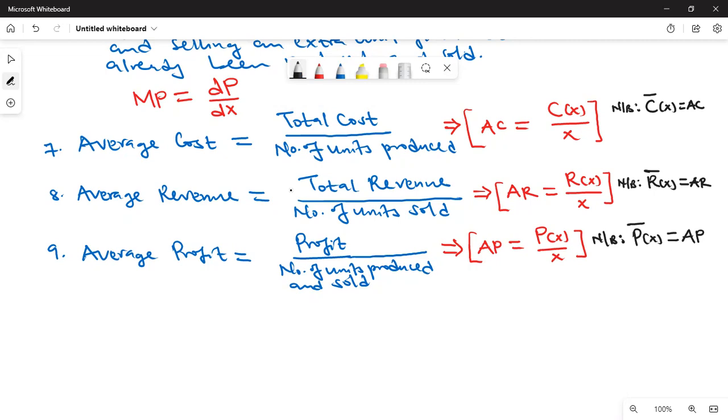Now, apart from those 9 items that we have looked at, and I have given you the formula in each of them, when we are studying economics, the aim is to maximize the profit while minimizing the cost. You maximize profit.